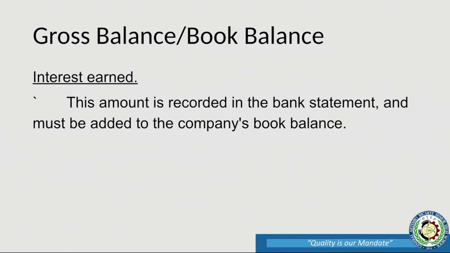Let's say, for example, you deposited 1 million to the Bank of Commerce, and it has an annual interest rate of 0.05. So you will earn 0.05 interest after a year if you don't withdraw your money for 1 year. So that's how interest is earned.